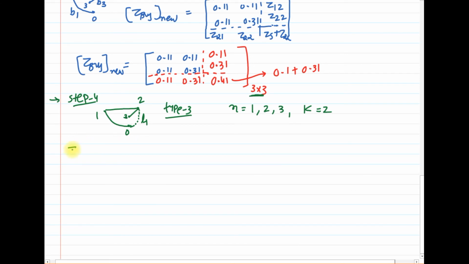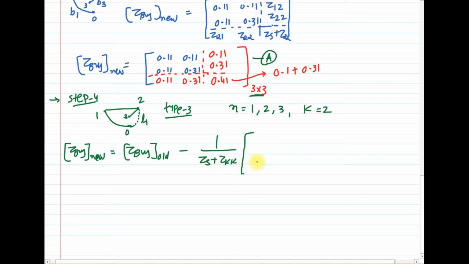I will write directly the equation: Z bus new is equal to Z bus old, which is over here, simply say matrix A, minus 1 divided by the diagonal element, which is Zs plus Zkk, into the column vector which is Z1k, Z2k to Z3k.